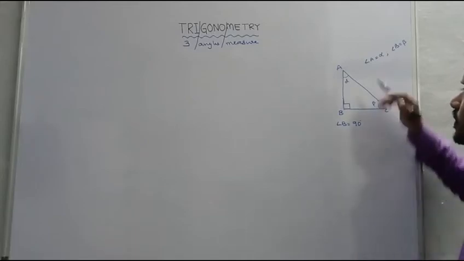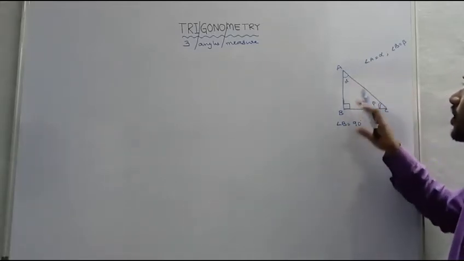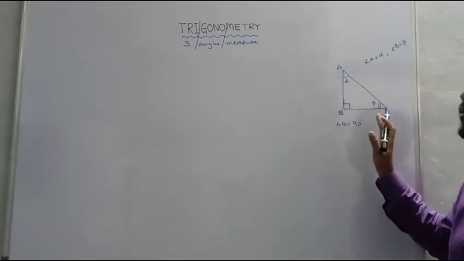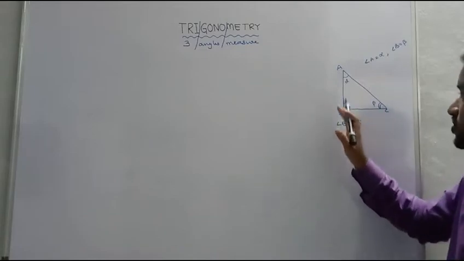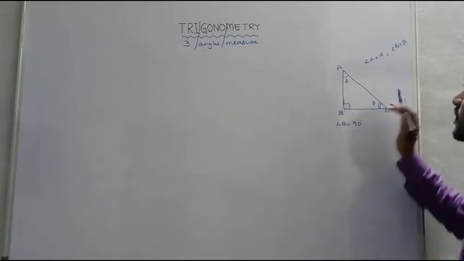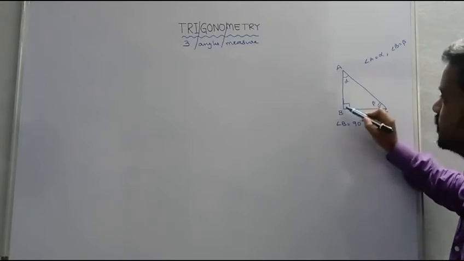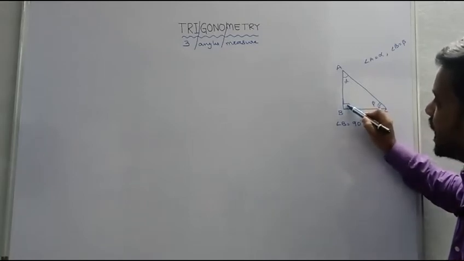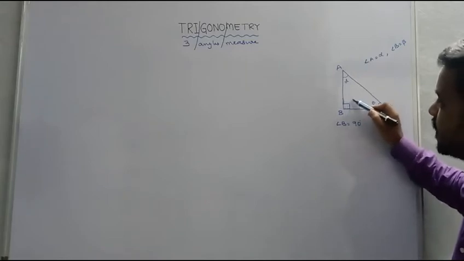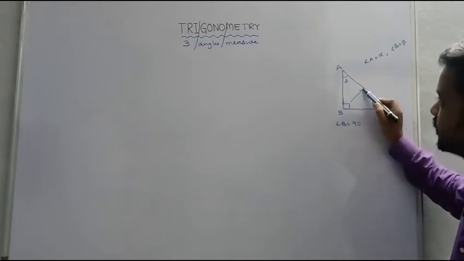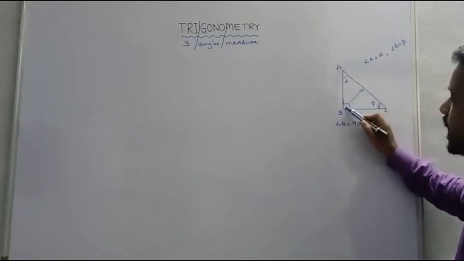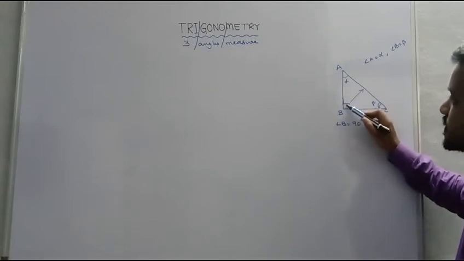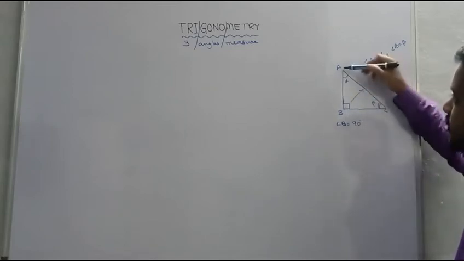But here, with reference to this angle, the names are further changed. Angle at B is 90, so the side opposite to this right angle is what?